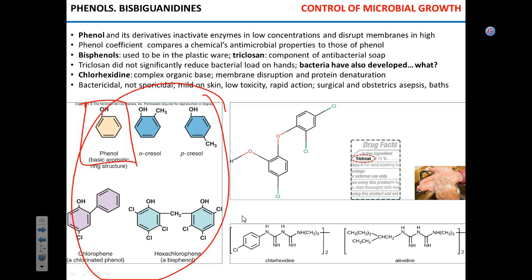We'll talk about some of the recent uses. For a long time, the parameter called phenol coefficient was used to assess the antimicrobial effectiveness of various chemicals. Phenol coefficient compared the chemical of interest with phenol. So if it was 10 times more effective than phenol, then the phenol coefficient would be 10.